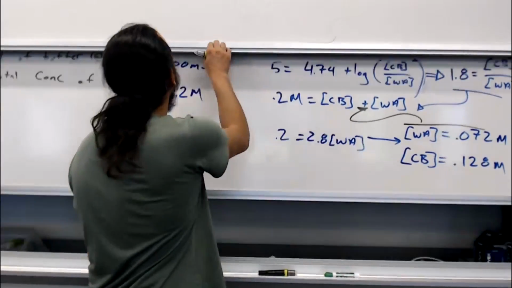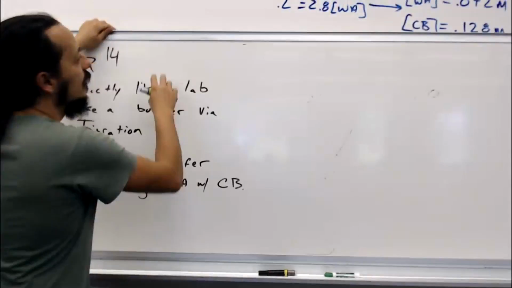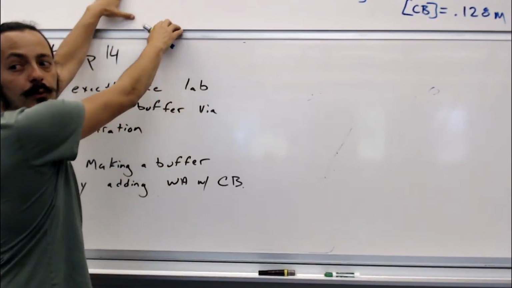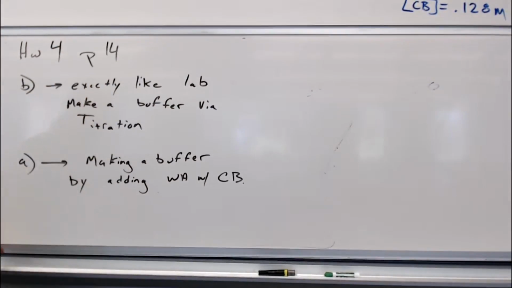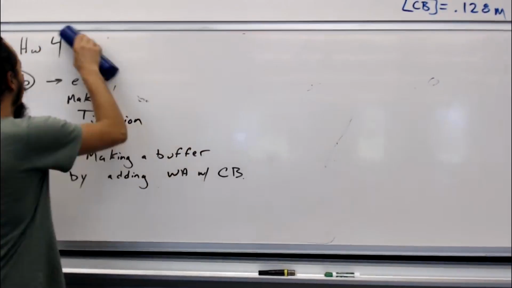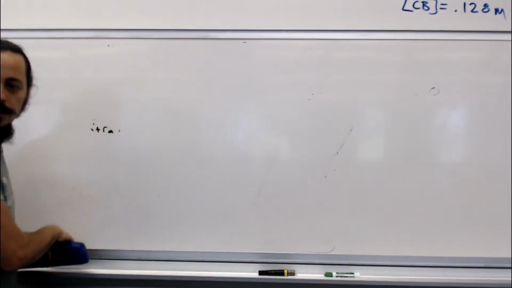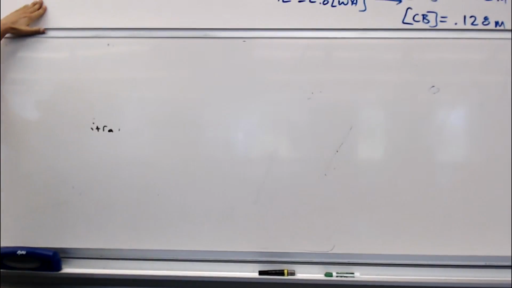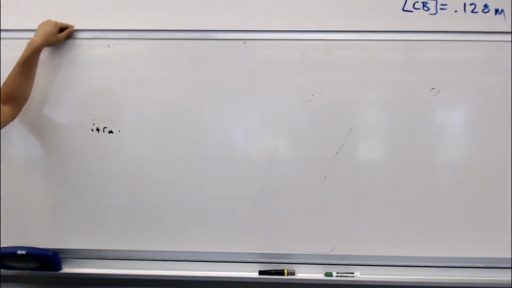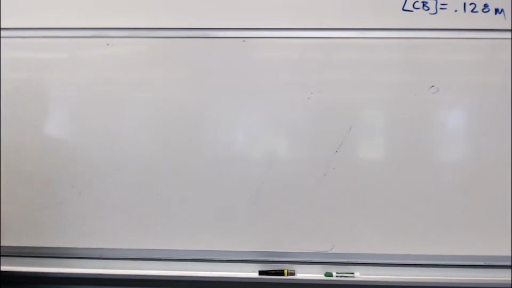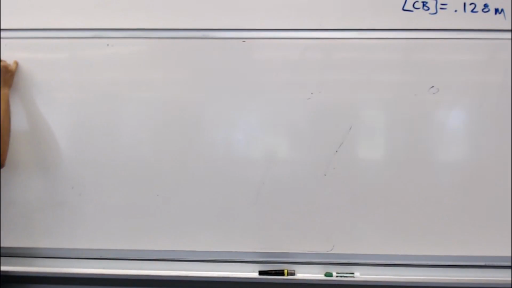Great. I can then take those concentrations of the weak acid and the conjugate base. Let's see, you can't quite see those anymore. Oh well, they're gone. So we're going to take the concentrations of the weak acid and the concentration of the conjugate base.